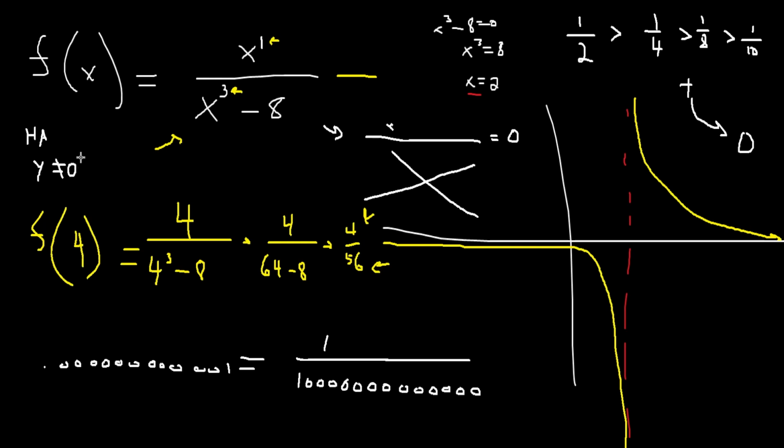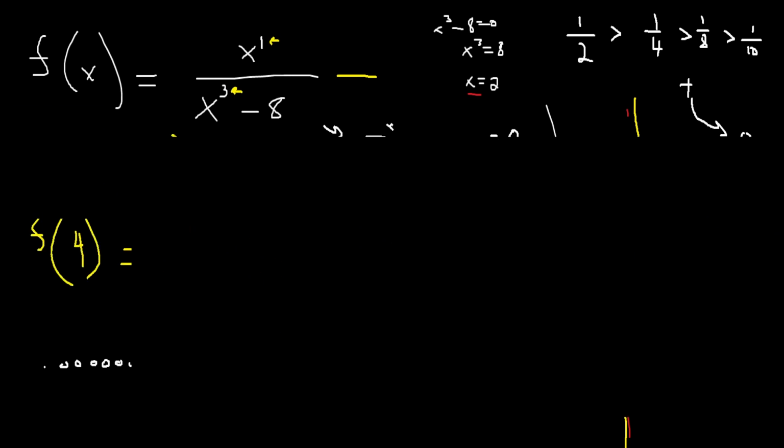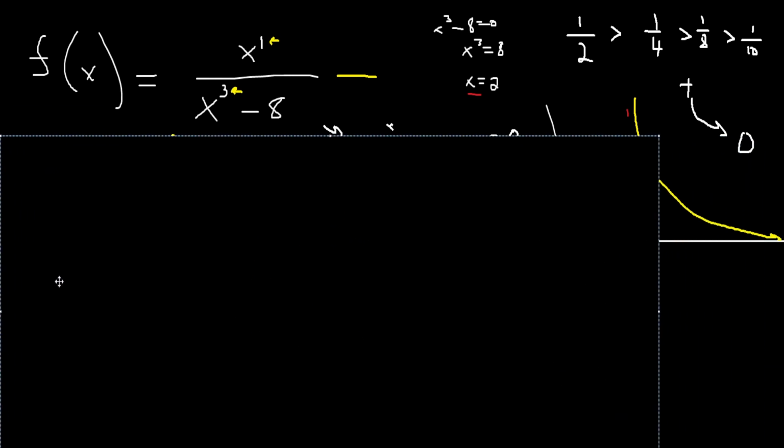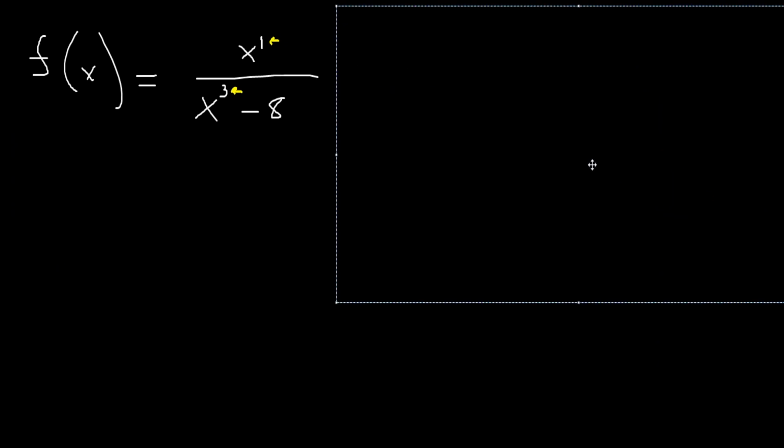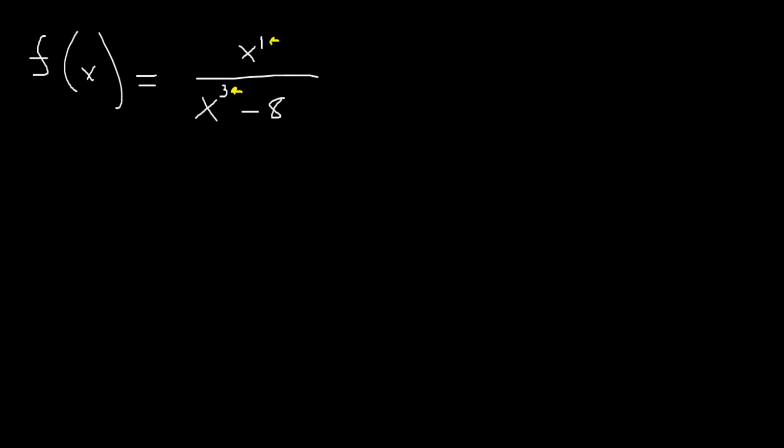So to get all of this extra noise and fluff out of the way, now that we've kind of explained why it works the way it does, the rule is, if the top power is smaller than the bottom power, well, that means we have a horizontal asymptote, y equals 0.